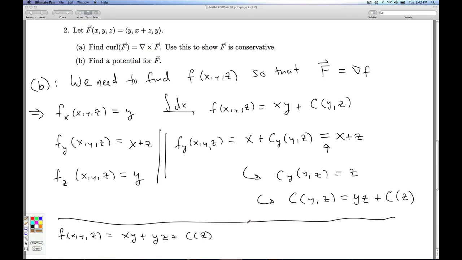And so the last thing we need to do now is to match it up with the partial derivative with respect to z. So I'll go ahead and do that. If I can fit it all on one page here.